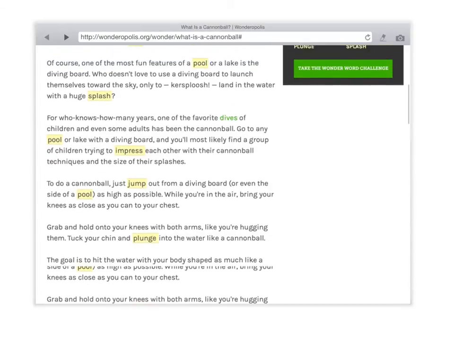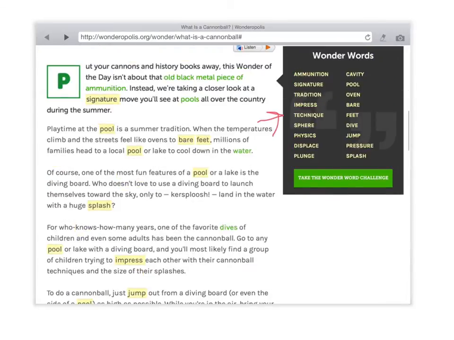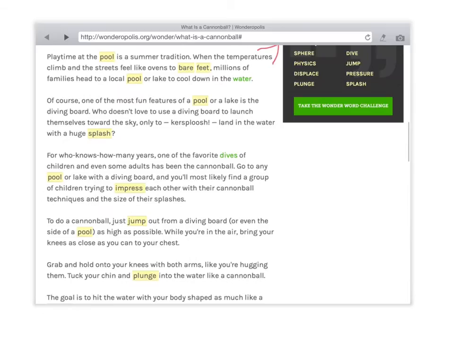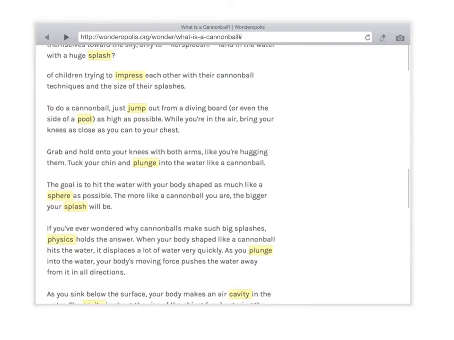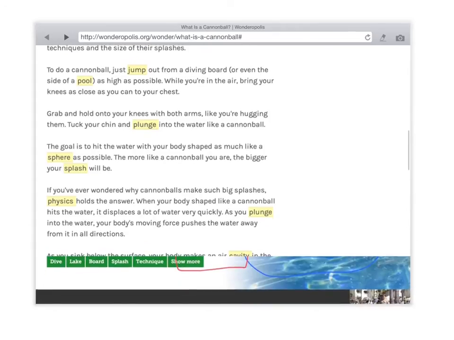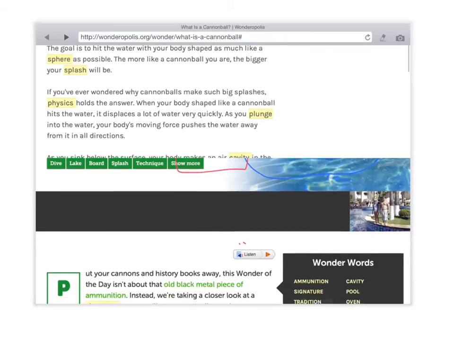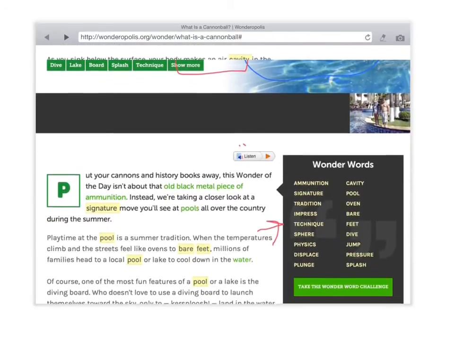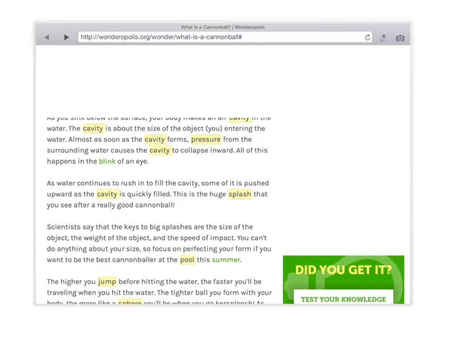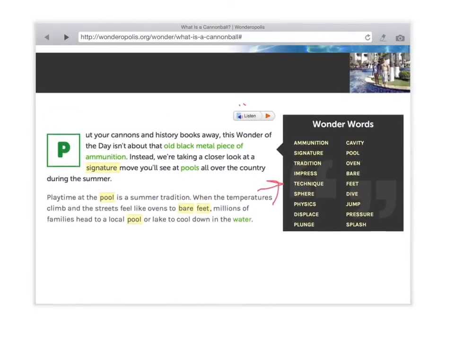That must mean that they're going to talk a little bit about the old cannonballs. And as I scroll through, I'm looking to see if there are any other bold-faced words that I want to look at. All right, so it looks like I can start to read the article right now.